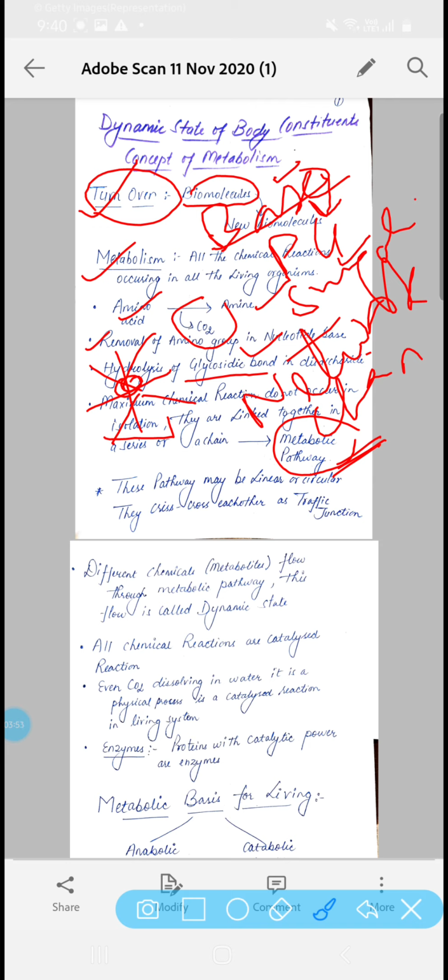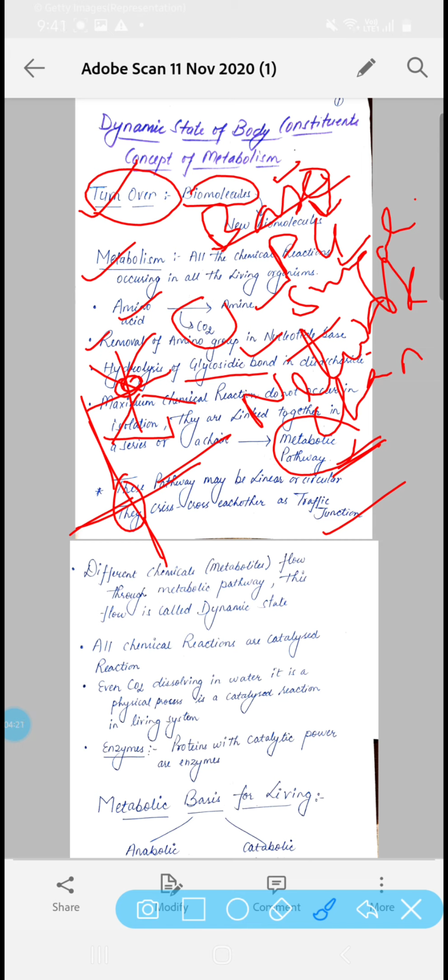These pathways may be linear or circular, and they crisscross each other like a traffic junction, as I have already discussed with you. जैसे ट्रैफिक जंक्शन में बहुत सारी रोड्स आपस में मीट करती हैं, क्रिस क्रॉस करती हैं, in the same way different kinds of reactions taking place inside living organisms are crisscrossed and interlinked with each other.